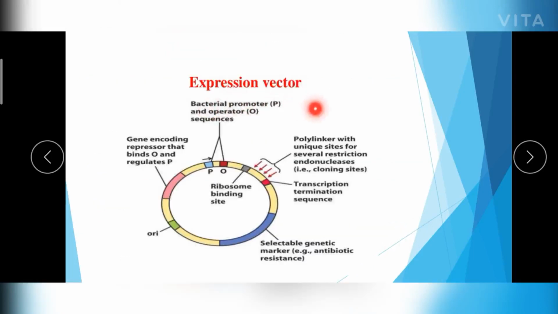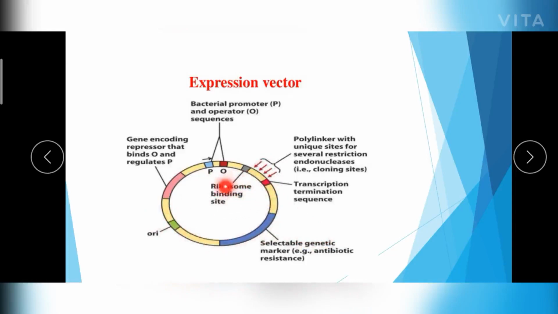If you see the structure of the expression vector, it will look like this. It contains all the elements similar to those of the cloning vector, that is the origin of replication site, selectable markers, then the polylinker site.